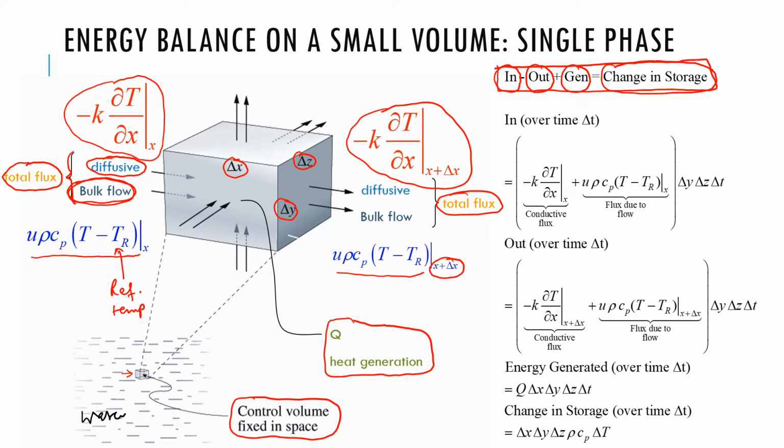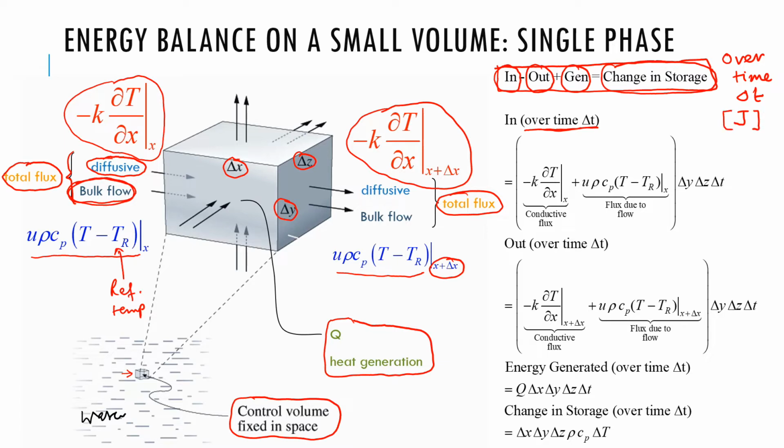So now let's look at these terms individually. How much energy came in over time delta t? So I'm going to do this balance over time delta t. Okay, so over time delta t, how much energy came in? I'll do that in joules.